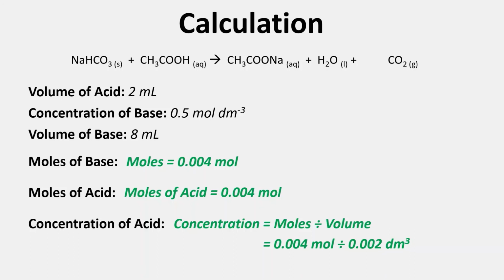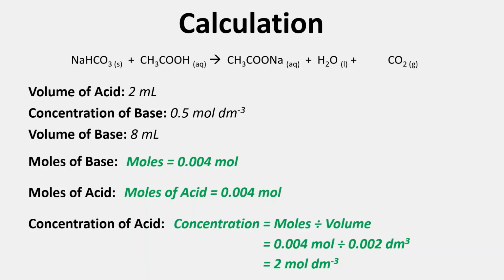Otherwise what you're calculating is the concentration per millilitre, and it would be 0.5 moles per millilitre instead of per litre. So we need to remember always to change those units. 0.004 moles divided by 0.002 decimeters cubed, and that will give us 2 moles per litre. So the concentration of acid is 2 molar, or 2 moles per litre.